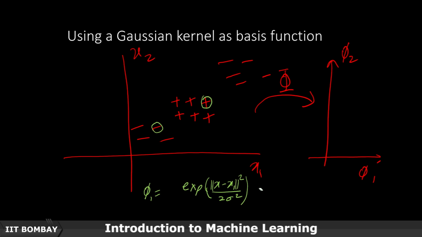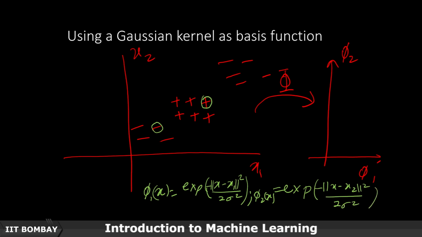And the second feature is phi2, which is exp of, so what is this phi? It's a function of x. Similarly, phi2 is also a function of x. And this is similarly x minus x2, divided by, so there's a negative sign here, negative 2 sigma square.